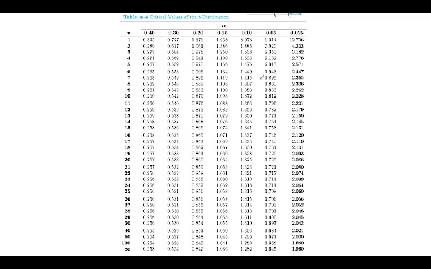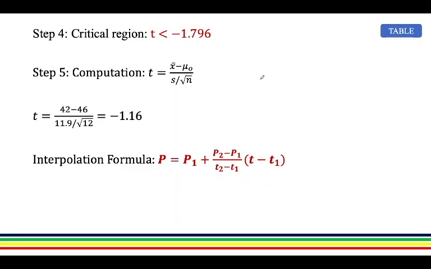And we will be using the same table again, the table A.4, which is critical values of the t distribution. So we need to use this formula, which is the interpolation formula for the p-values, since most of the values of t are not written on the table. So we need to do the interpolation.